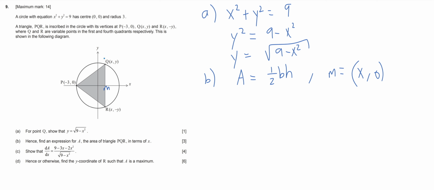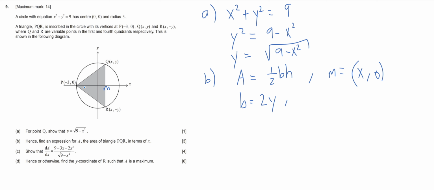Knowing that M has coordinates (x, 0), the distance from M to Q is y, because the y coordinate of Q is y. But also the y coordinate of R is minus y, so from M to R is y again. So the total distance from R to Q is y plus y, or 2y. So the base of the triangle, B, equals 2y.